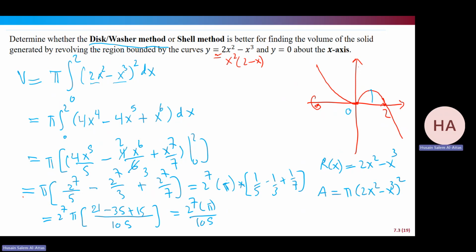You can get the number now. 2 to the power 5 is 32, 2 to the power 6 is 64, that will be 128 pi over 105. Hopefully I'm not missing anything. Should be pi times this.